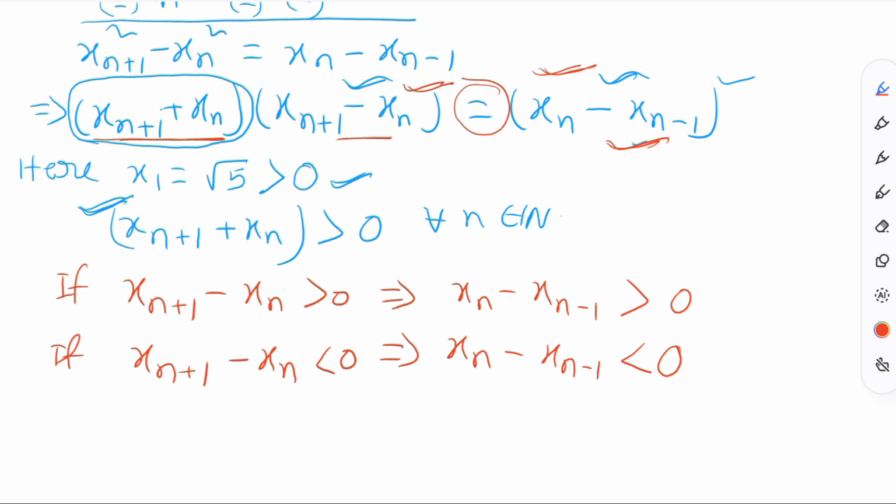Now here x1 is root 5, x2 is root of 5 plus x1, that means greater than x1.